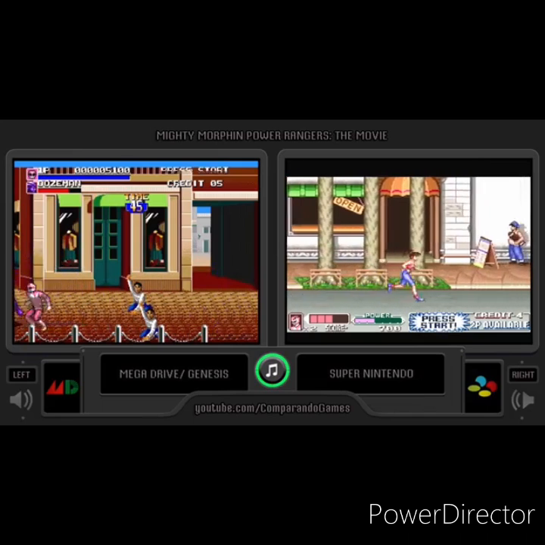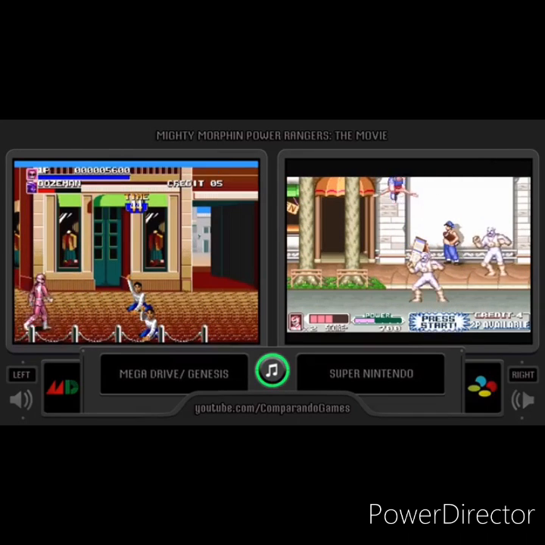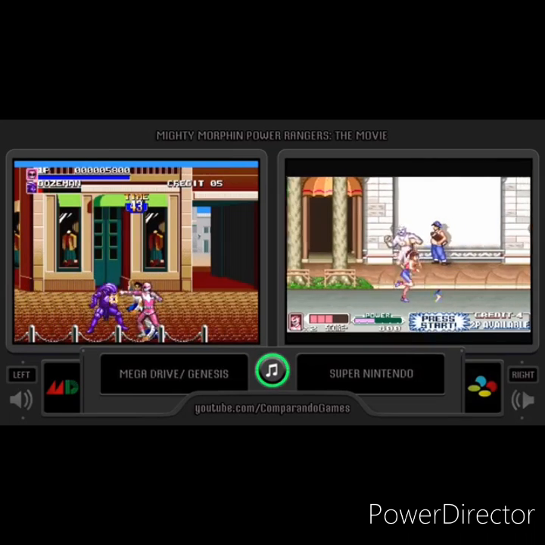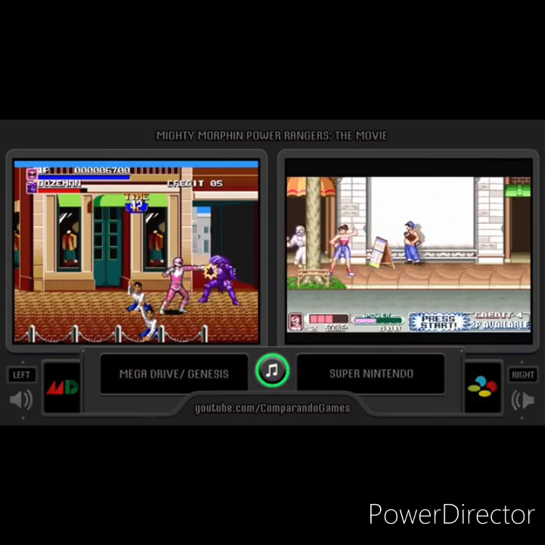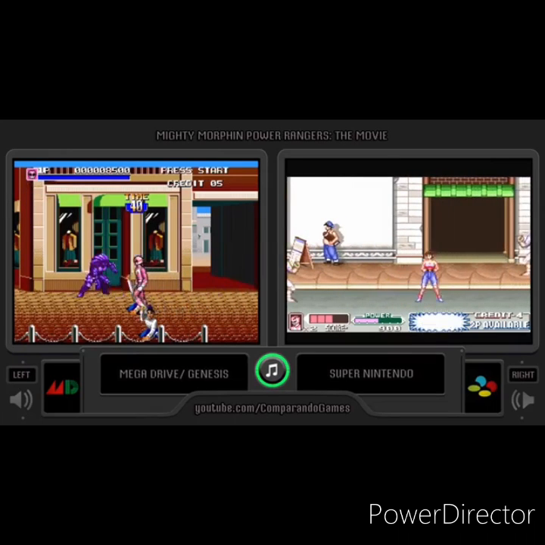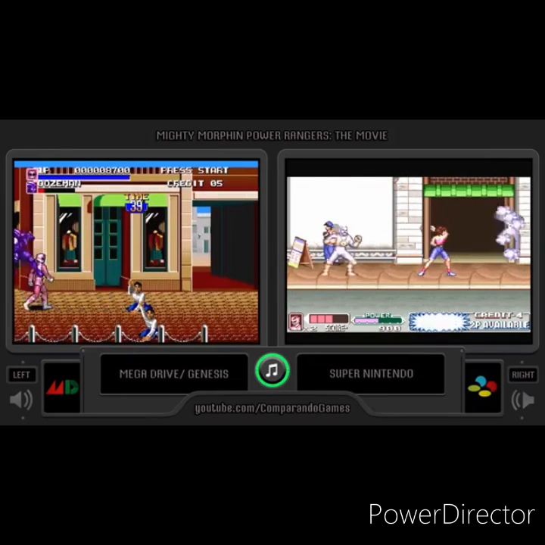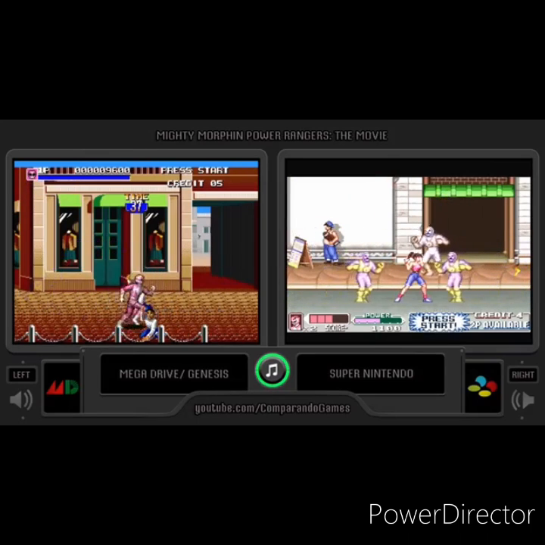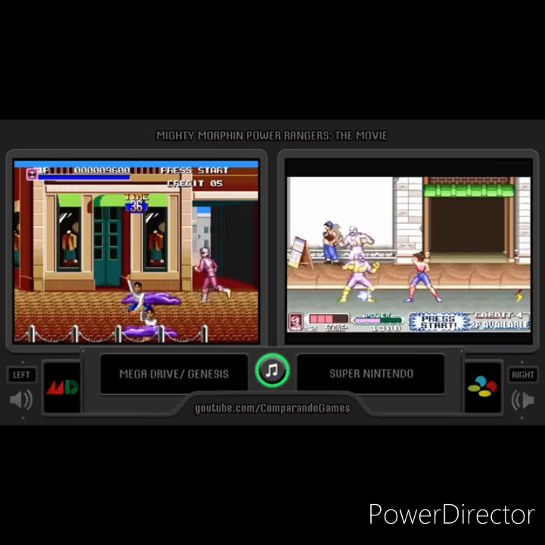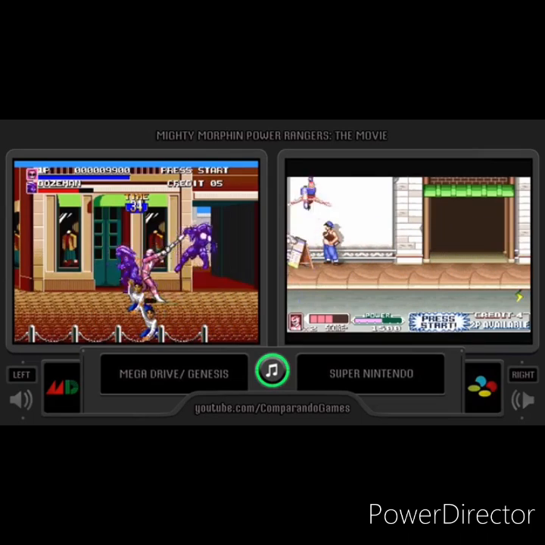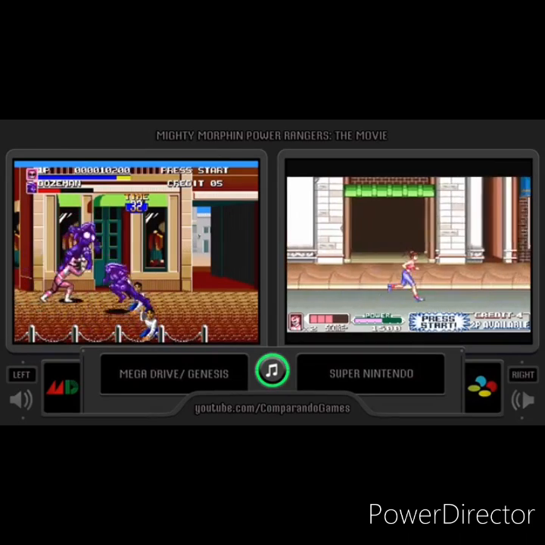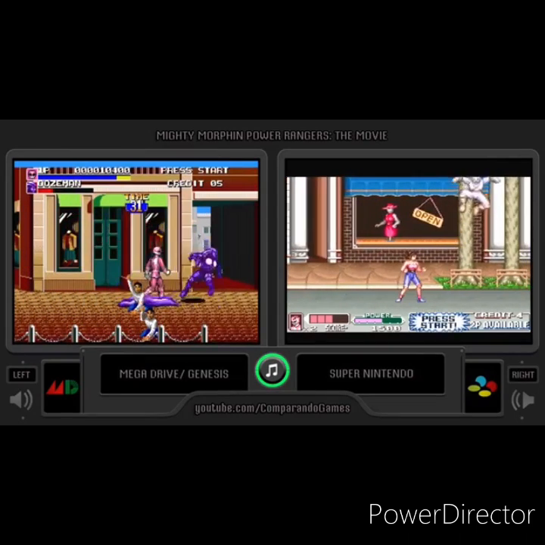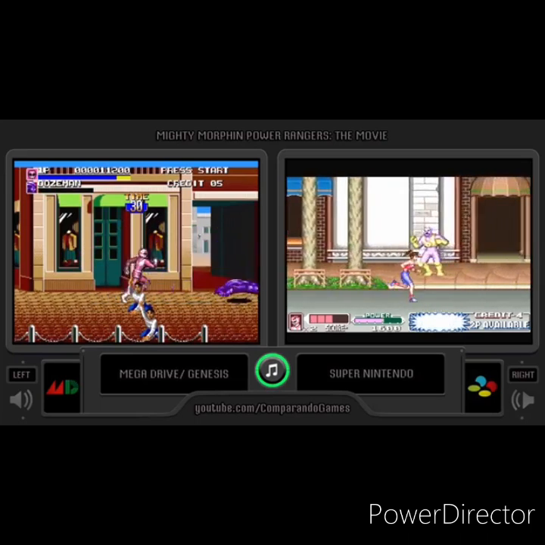One of the things that I really noticed, though, is that when you're going up the stage, like if you wanna go up and down, for the Sega Genesis, all you do is use your pad up and down. However, for the Super Nintendo, you have to use the pad, and I believe it's the jumping button.